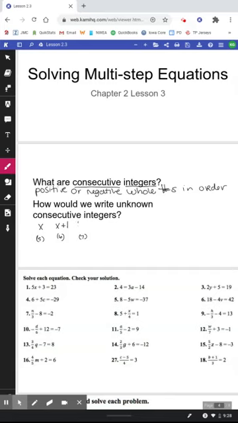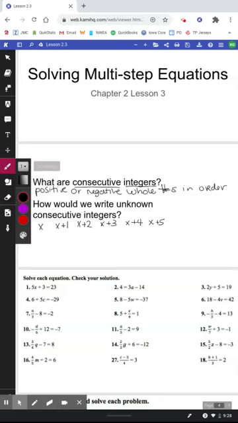In order to do 7, I would do x plus 2, and then x plus 3, x plus 4, x plus 5. So if it asks you to sum up two unknown integers, then we would use x plus 1, two unknowns to equal a number.